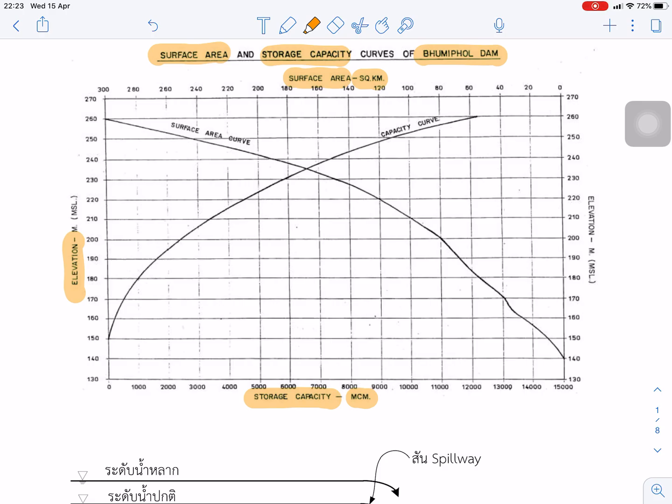So we can read from this that, for example, if the elevation is 200 meters, we can find the capacity from the capacity curve. So it's about 2,400.